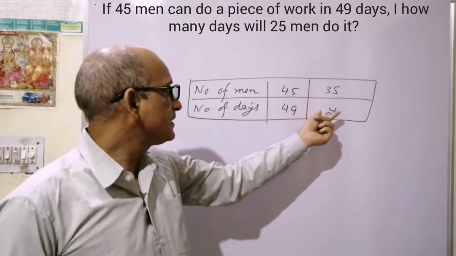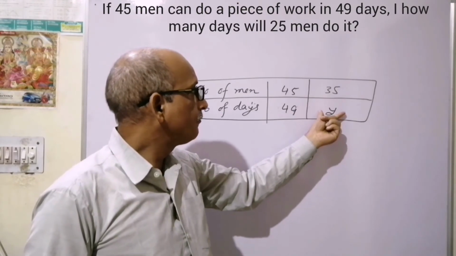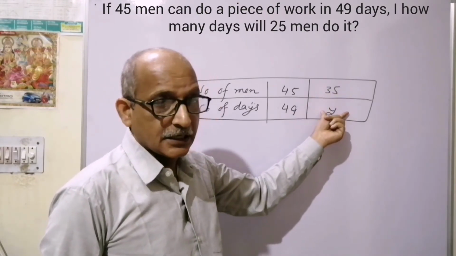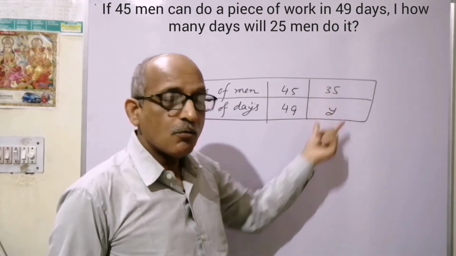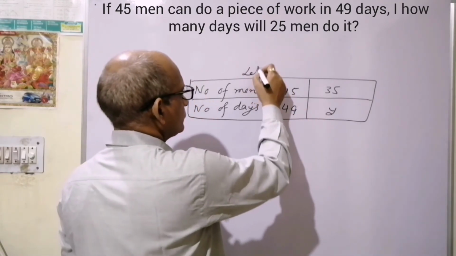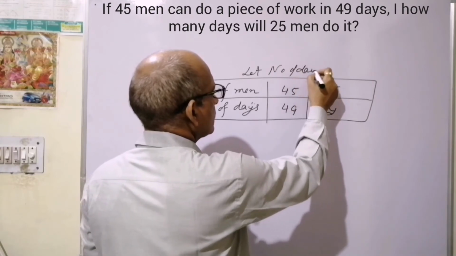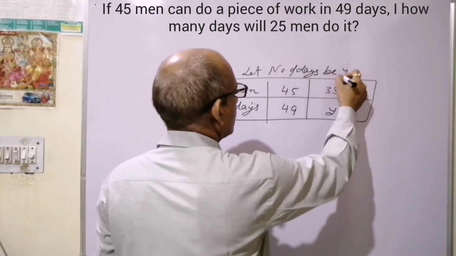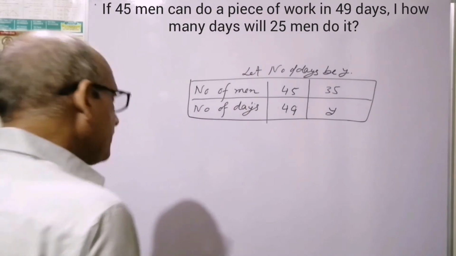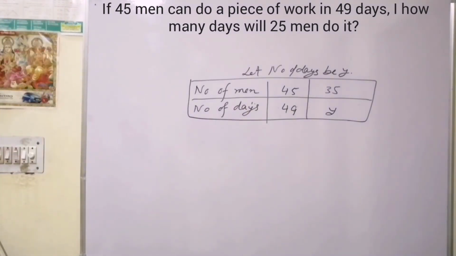Then how many days will be taken by 35 workers to finish it? Number of days we have considered y. Once again I am repeating the question. Go through it. If 45 men can do a piece of work in 49 days, in how many days, means days required, will 35 men do it?